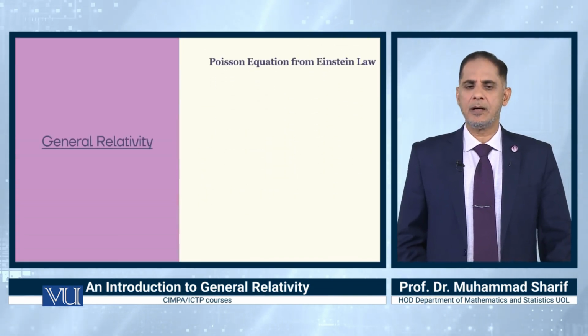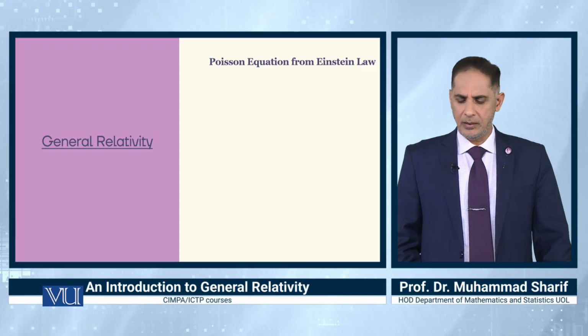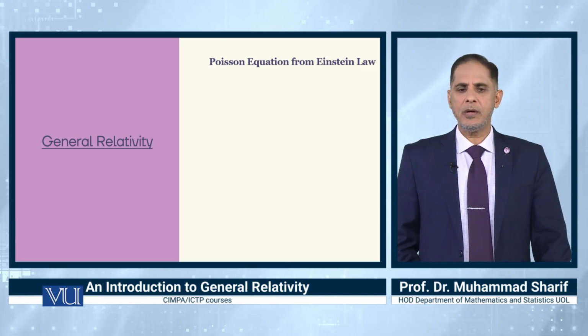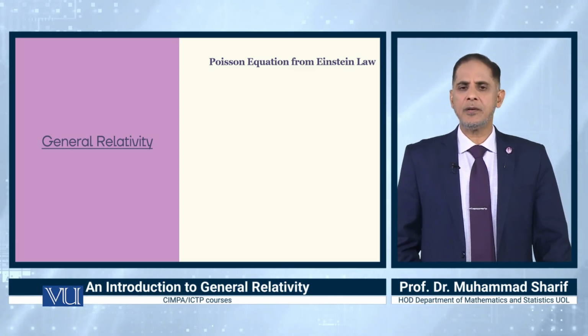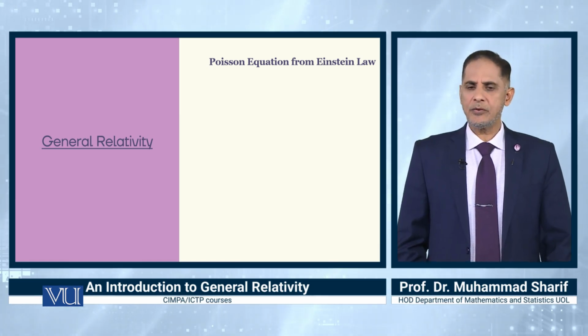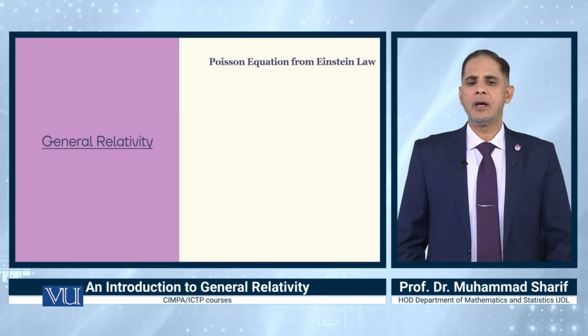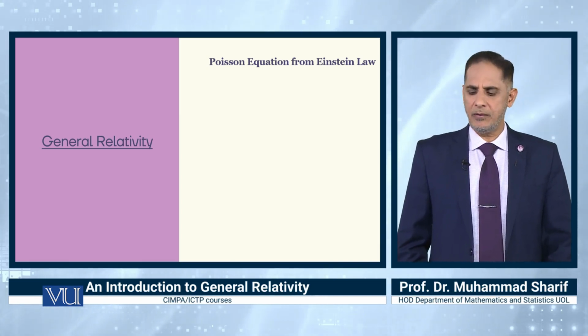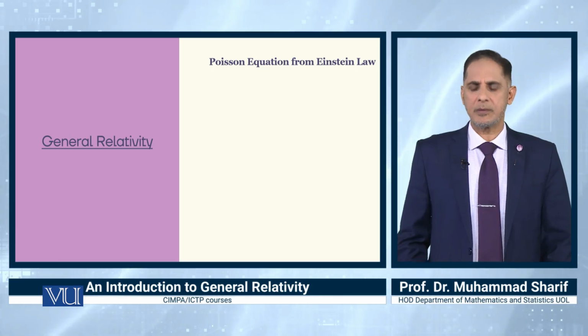Next is the Poisson equation from Einstein's law. As we have seen, we in fact formulated the Einstein field equations with the correspondence of the Poisson equation. Here we are going back. We are considering the Einstein field equations, or Einstein's law of gravitation, and we reduce it to the Poisson equation.